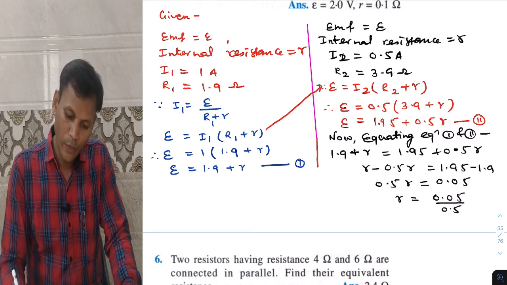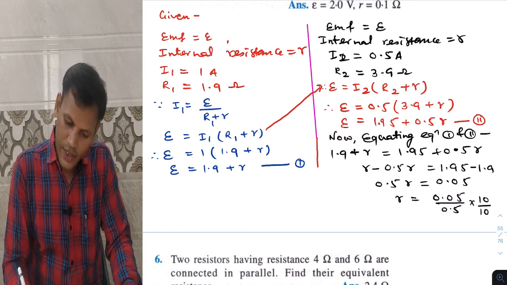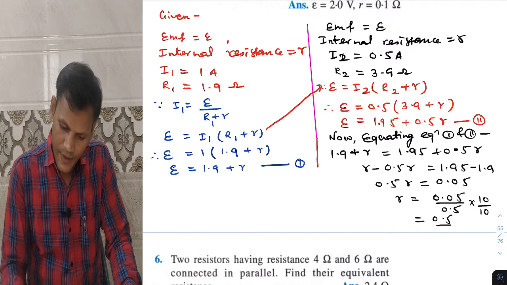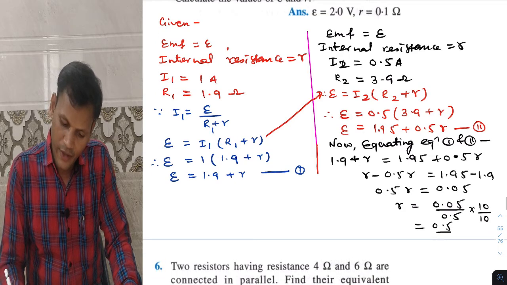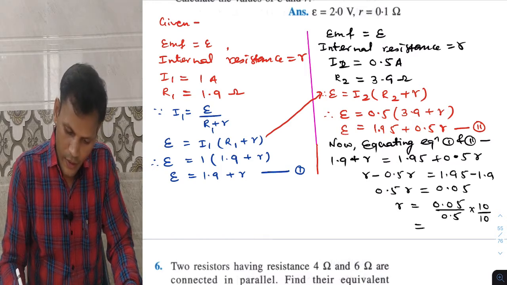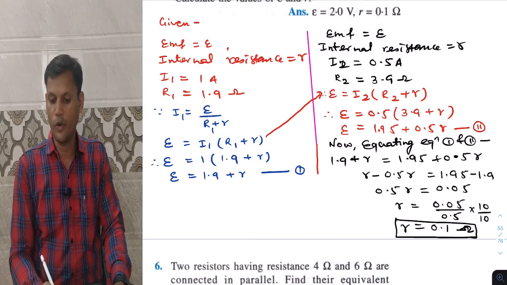Multiplying by 10 and dividing by 10, this will be 0.5 upon 5, and 0.5 upon 5 will be 0.1. So we get small r as 0.1 ohm.